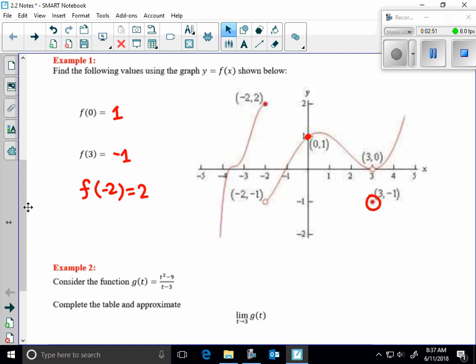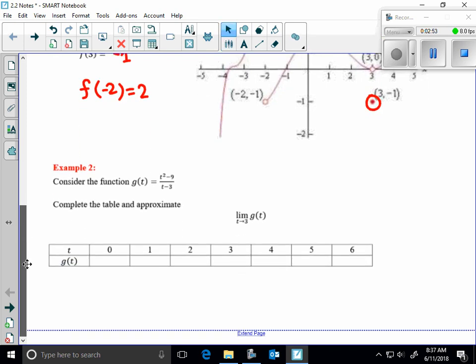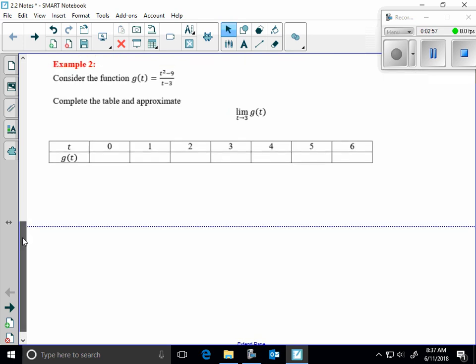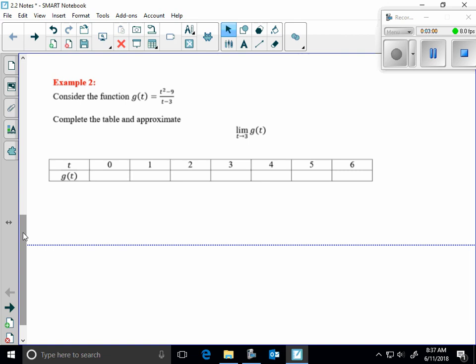Okay, so now let's look at a function and fill in its table and see if we can make some connections here. Let's complete this table, just filling in y values for g of t. So let's plug in values. If I plug in 0, g of 0, looks like I'll get negative 9 over negative 3, which is 3. What if I plug in 1?